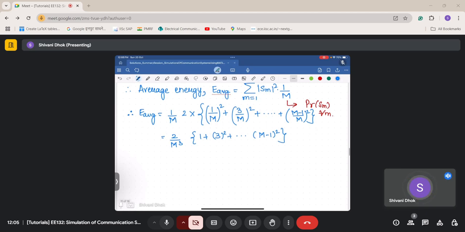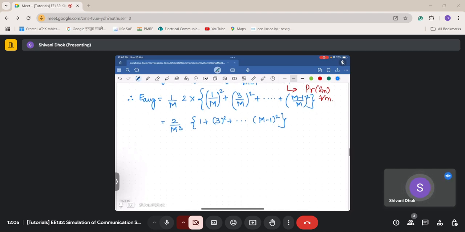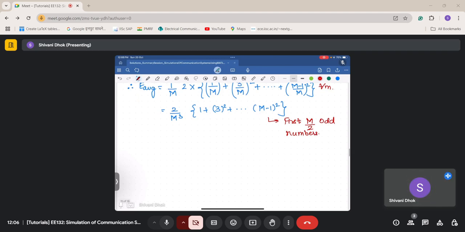These are the first m by 2 odd numbers, and it is the sum of squares of first m by 2 odd numbers.